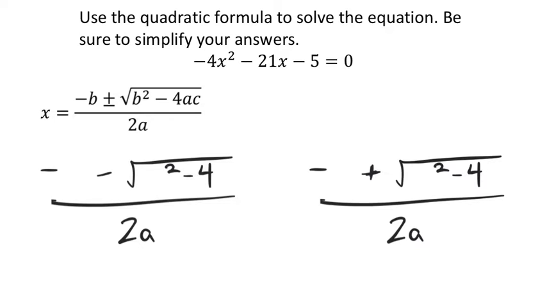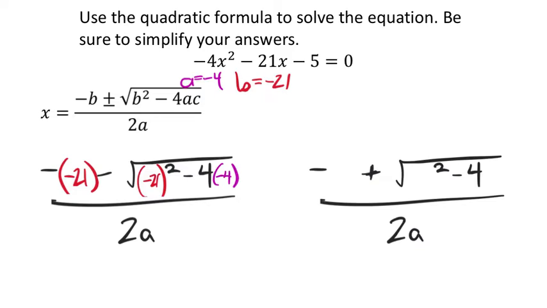So my b right here, that's the middle coefficient of negative 21. And so I put in negative 21. That'll make that positive, of course. And then it's also a b squared, so that's a negative 21 squared there. My a here is showing as negative 4, so that'd be 4 times that negative 4, the a.